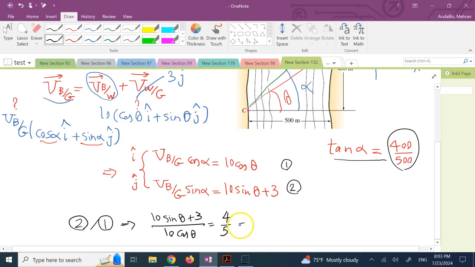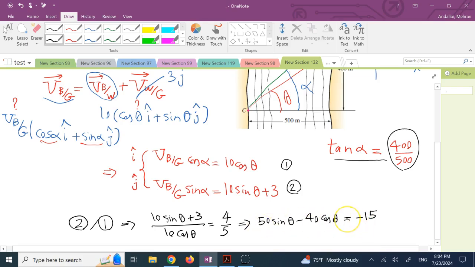Now if you cross multiply and bring everything to the same side, you will get 50 sine theta minus 40 cosine theta. You can take that number to the other side. This is equal to negative 15. So this is the equation that you need to solve.